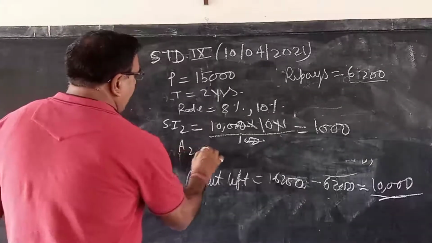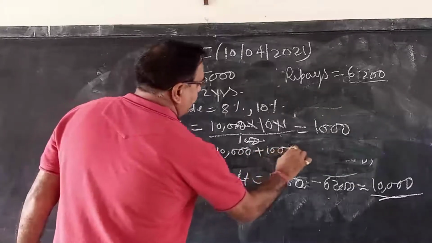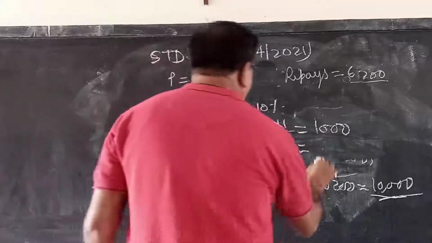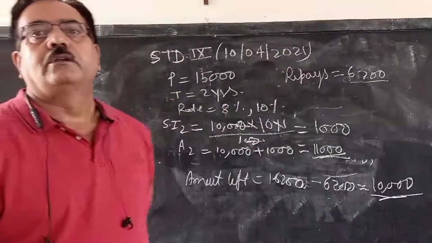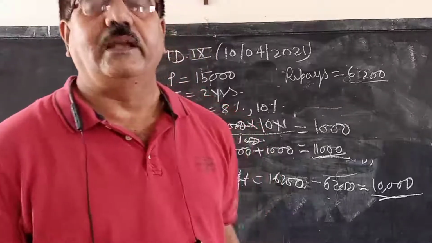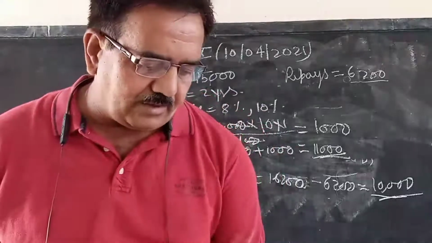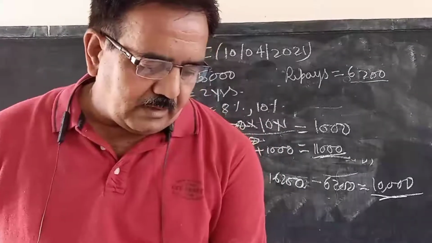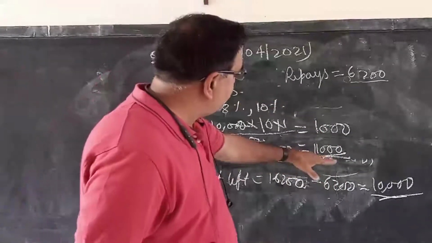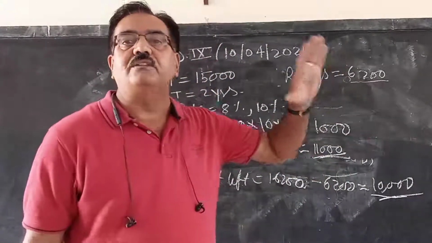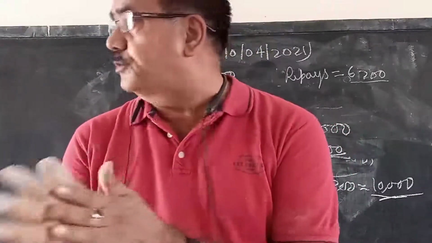So the amount after the second year: 10,000 plus 1,000 rupees. This is 11,000. 11,000 is the amount for the second year. Now, what is the question? What is the amount remaining after the second year? This much amount is remaining after the second year. So this type of question is there which you have to solve.